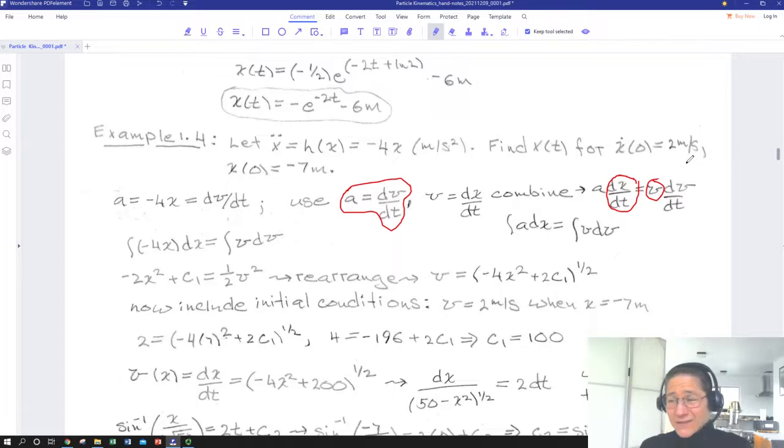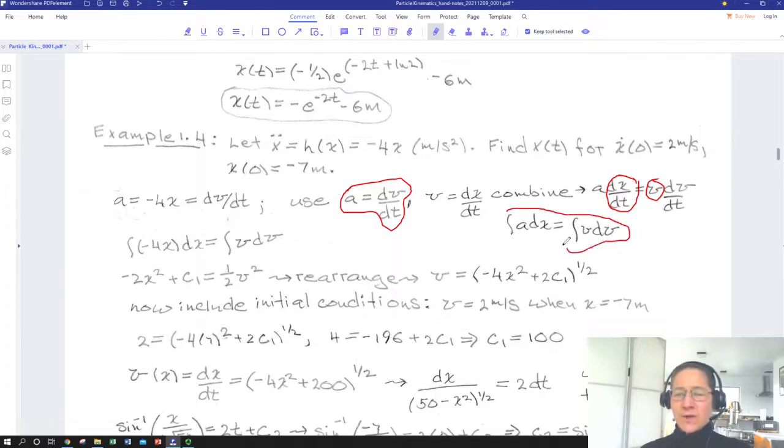The fact that x and v are both varying with time is irrelevant. We can still write that a bit of acceleration with any bit of x is equal to the velocity times any bit of velocity change.